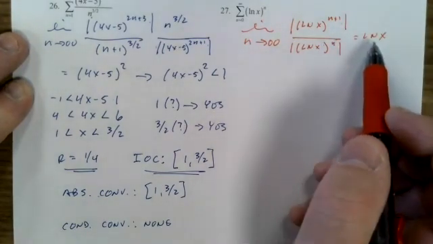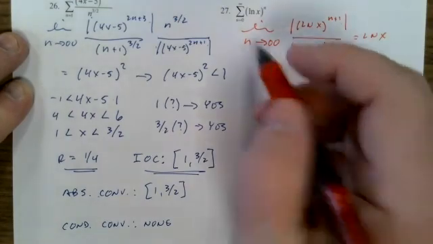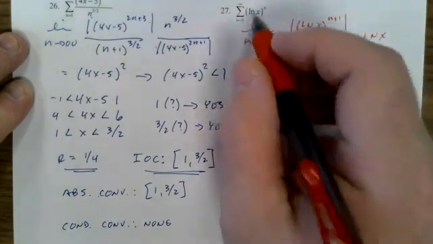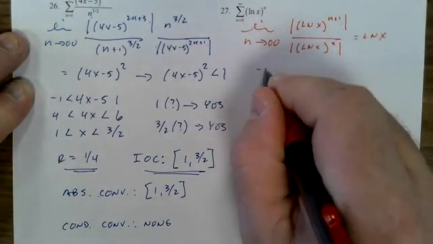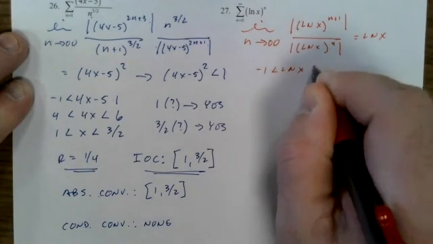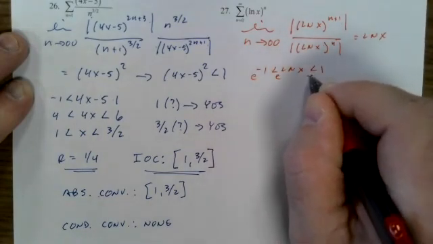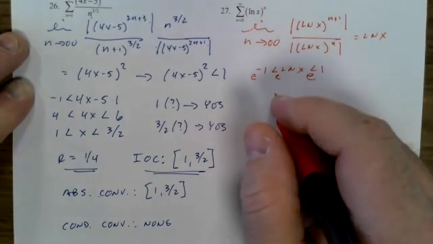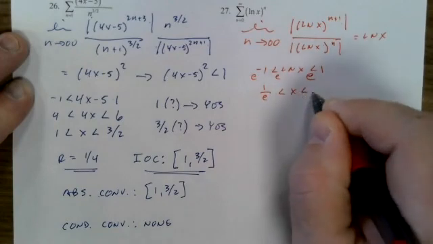There's no n in here, so yeah, I take back what I said. This is going to work in certain spots. When ln of x is basically between -1 and 1. -1 less than ln of x less than 1, e all 3. So 1 over e less than x less than e.